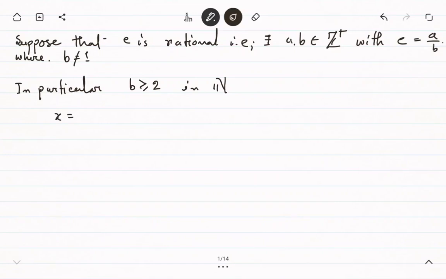So we can write x equals b factorial times e minus the summation over n equals 0 to b of 1 by n factorial. We'll show that this x is an integer and also lies in the open bound 0 to 1, which cannot happen simultaneously.